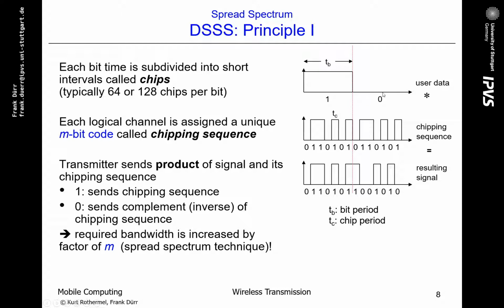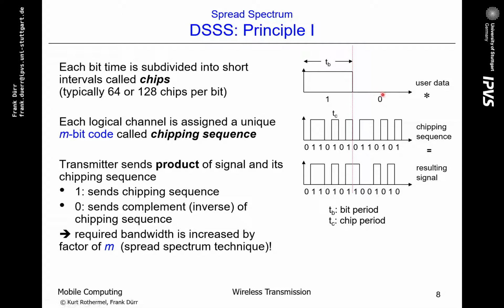And if that sender wants to send a 0, it sends the inverse, the complement of its chipping sequence. So if it wants to send here the 0 bit, it is sending actually the signal 1, 0, 0, 1, 0, 1, 0. So this is exactly the inverse of the chipping sequence of the sender. So this is the original chipping sequence of the sender. This is the complement, the inverse of that chipping sequence.